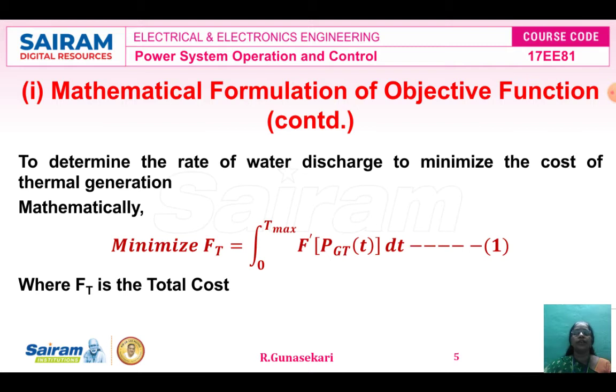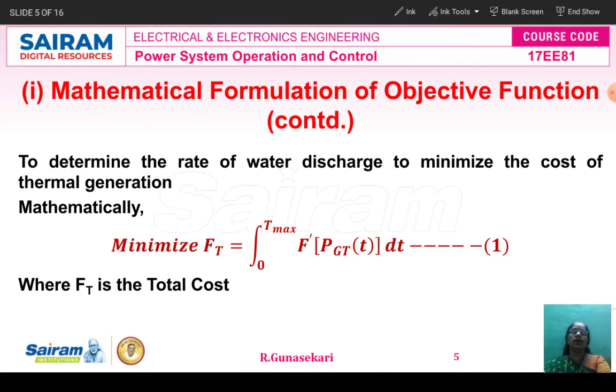Now first we write down the objective, that is the mathematical formulation of the objective function: the determination of the rate of water discharge to minimize the cost of thermal power generation.